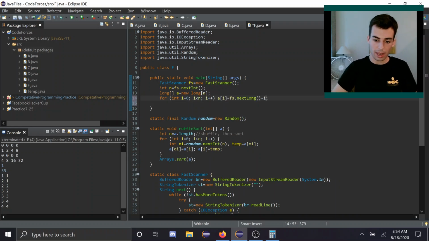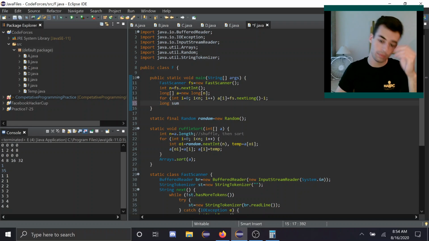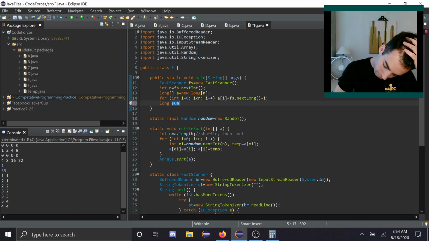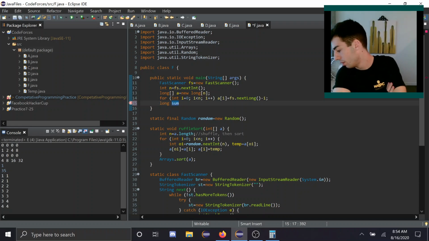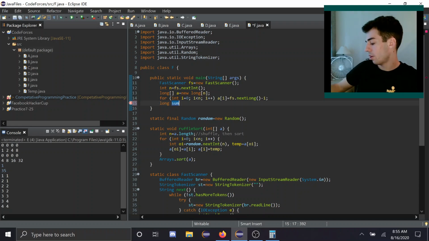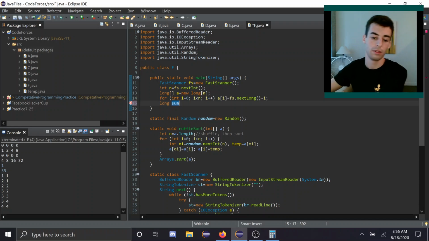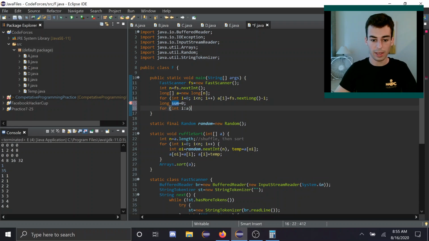Next along minus I. Along sum. Oh wait, that's not true. That might not always be the case. This value under mod is what we care about. Yeah. So long sum equals 0 for I in A. Sum plus equals I. So long.